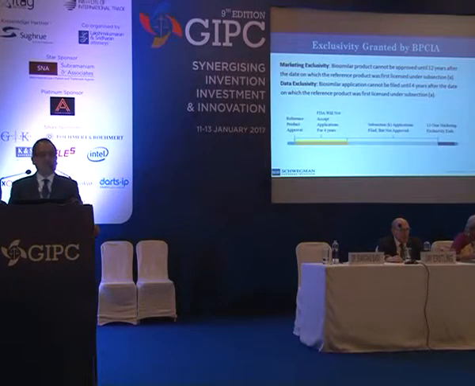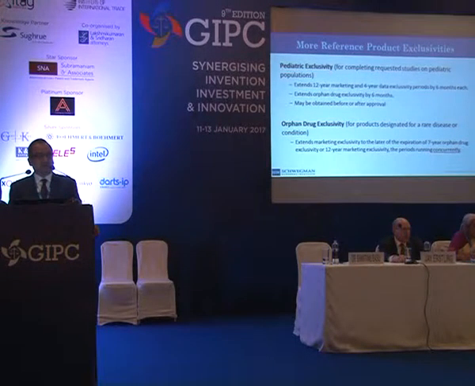It also gets 4 years of data exclusivity, in which a biosimilar applicant, who has made a biologic intended to be a generic-like replacement for the reference product, will not be accepted for 4 years. There are some other exclusivities.